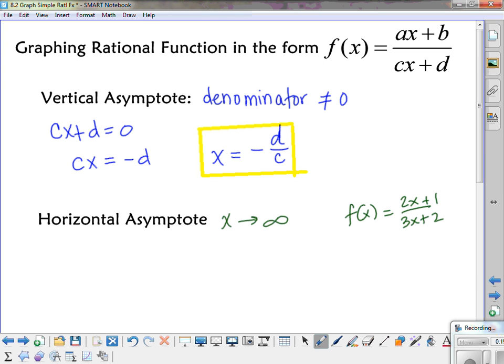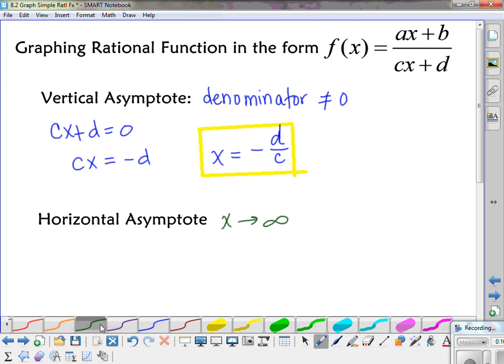As I put in larger and larger numbers, are the 1 and 2 going to make much difference? They aren't, are they? If x was 1,000,000, instead of 2,000,000, I'd have 2,000,001. Is that really a lot bigger when we're talking about millions? No. So what happens is that b and d become insignificant as x approaches infinity.